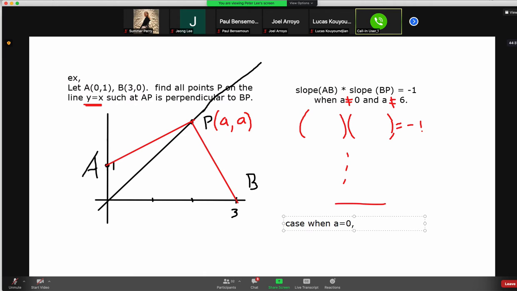And on this side, we have another case, when a is equal to 3. Oh, sorry, it's not 6, it's actually 3 in this case. My mistake. So I should say not 3. Because when a is equal to 3, then one of the lines, namely the line BP, is a vertical line, and therefore there will be no slope. When a is 0, then AP will be a vertical line, and therefore there will be no slope.